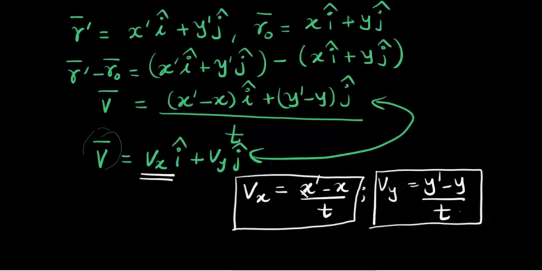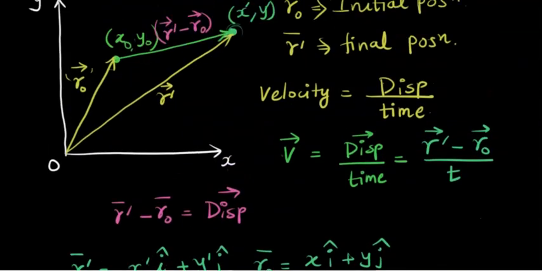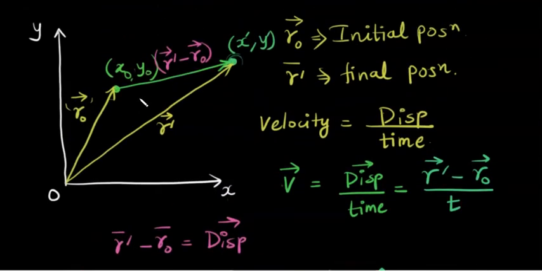So velocity along the x direction doesn't depend upon the displacement in the y direction, and similarly the velocity in the y direction doesn't depend upon the displacement in the x direction. They are independent of each other. So you can see this two-dimensional motion as a combination of separate, independent motions along the x direction and the y direction.